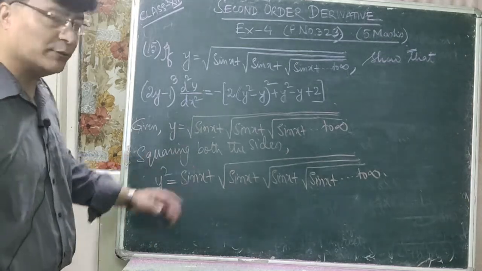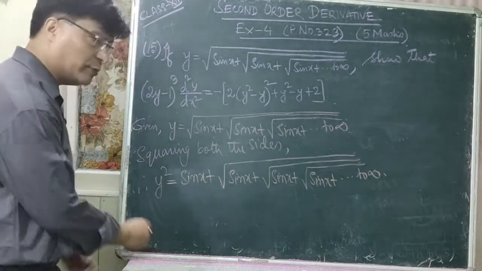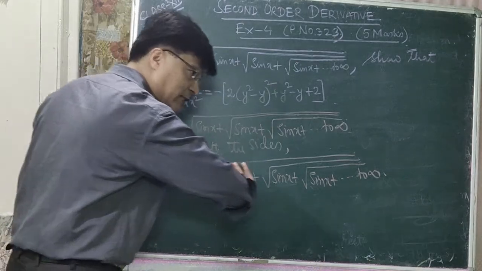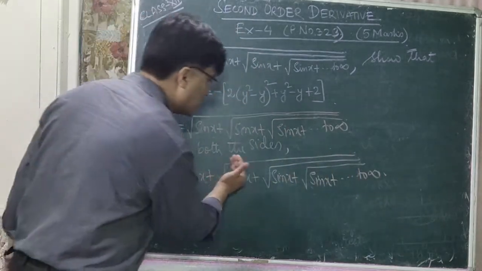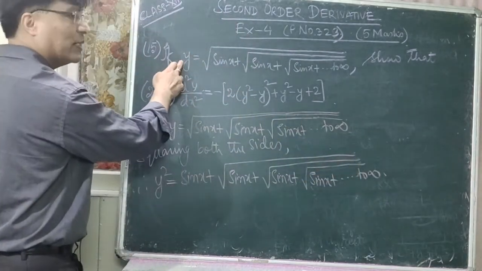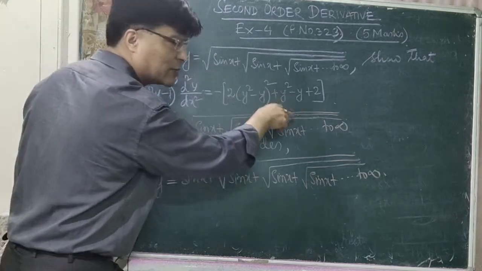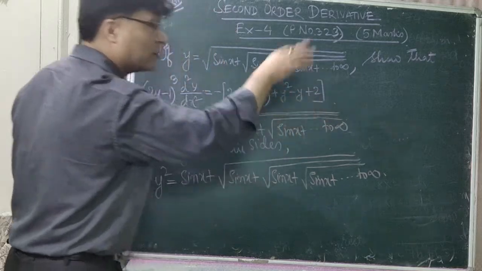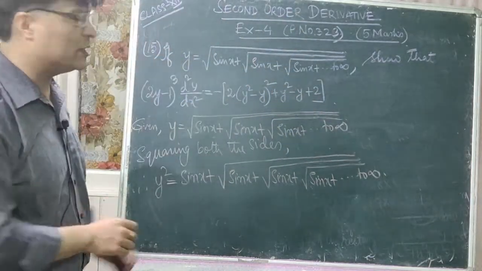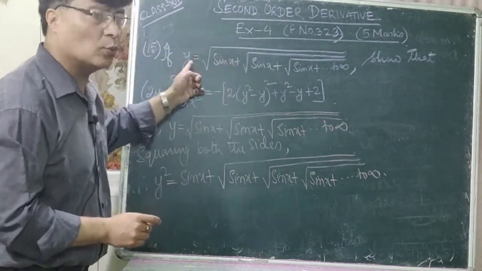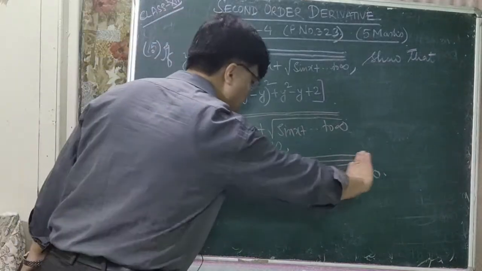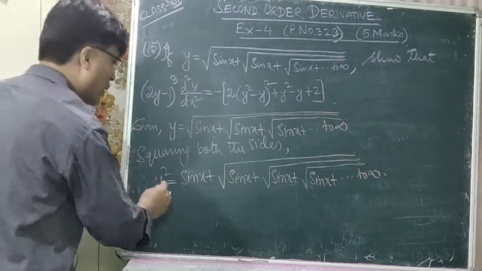Okay, बुझ्यो सबले यो. त अब हामी के गर्न सक्छौं, यो सेकेन्ड टर्म जुन चाहिँमा चाहिँ स्क्वायर रुट छ यसको सट्टामा हामी के लेख्न सक्छौं, again you can put y out here, because square root of sin x plus square root of sin x plus square root of sin x, which goes up to infinity, that is equal to y. So instead of this, from the second term we can write y.